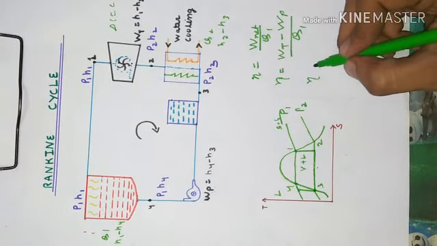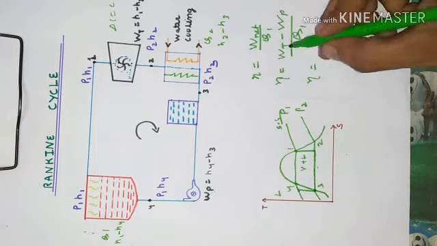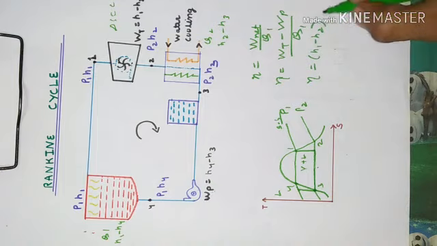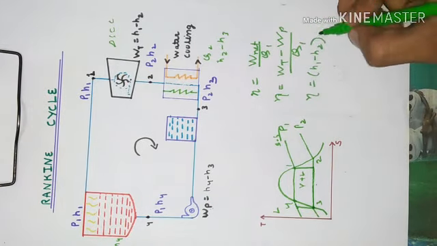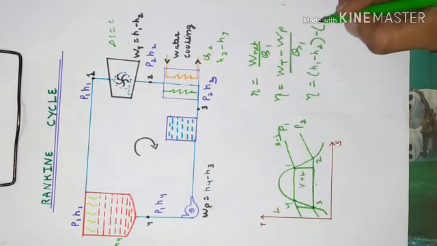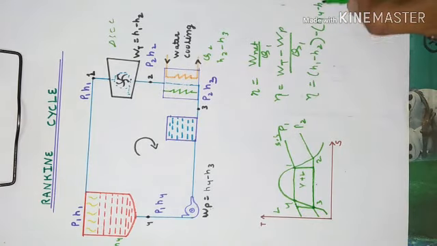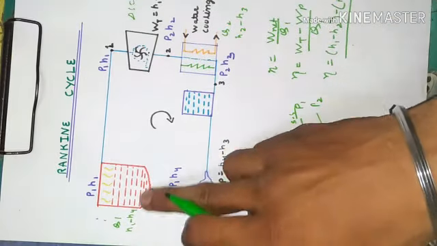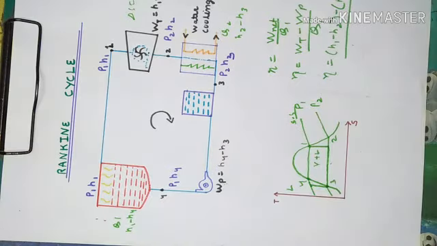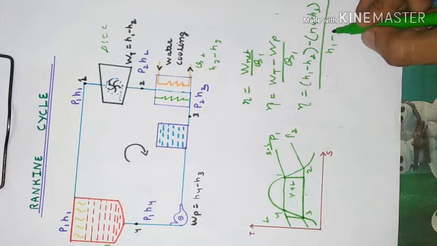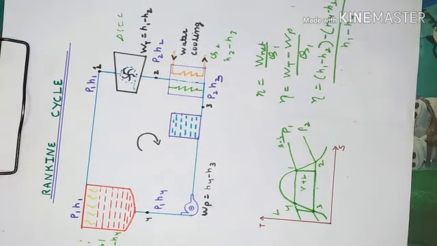WT is H1 minus H2, minus WP which is H4 minus H3, upon Q1, which is H1 minus H4, the heat supply. These formulas are used in the numerical problems of the Rankine cycle.